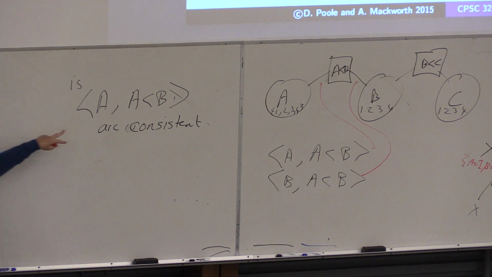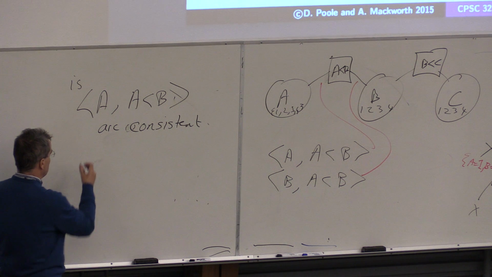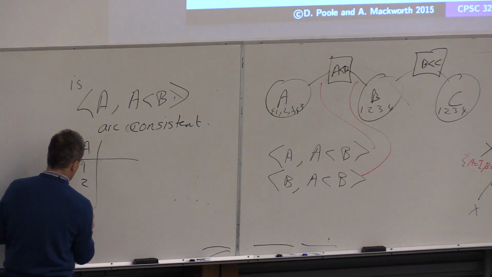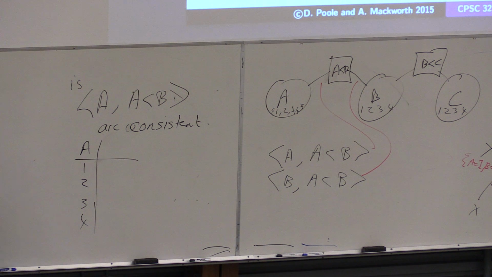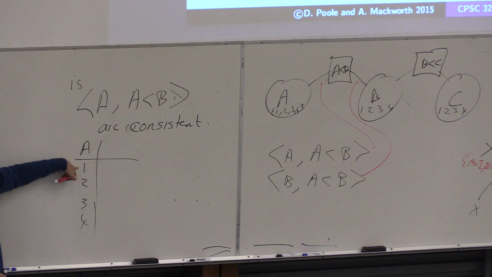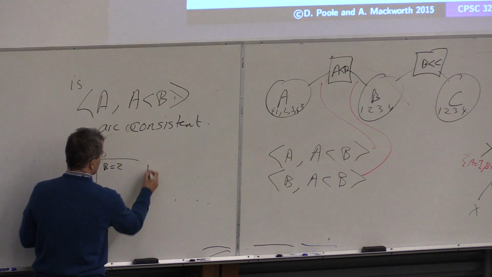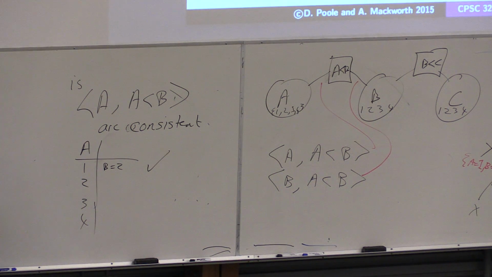We need for every value of A, so A can be 1, 2, 3, or 4, is there a value for B such that this is true? Is there a value for B that satisfies this? Right, there is. In fact, B is 2 satisfies it. So we've got to check all of them.